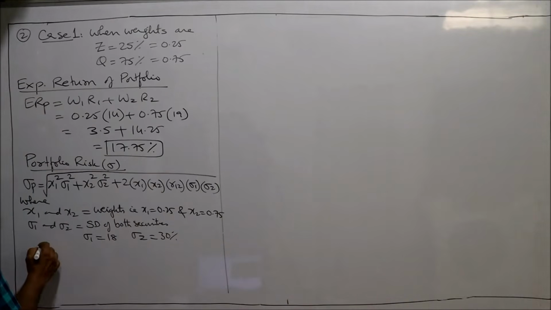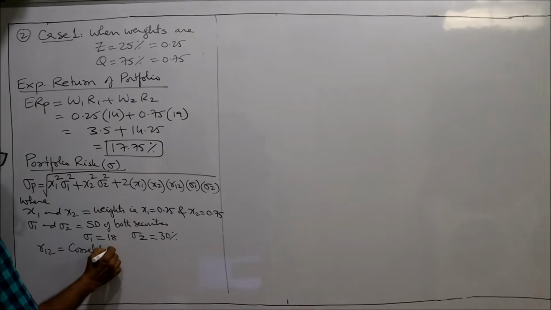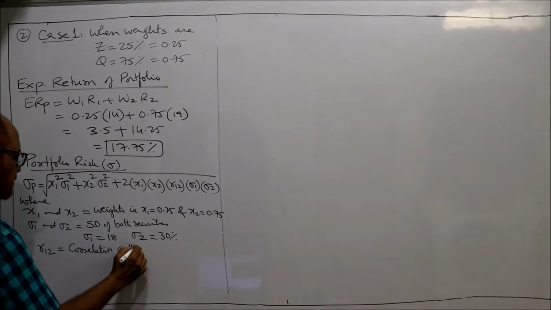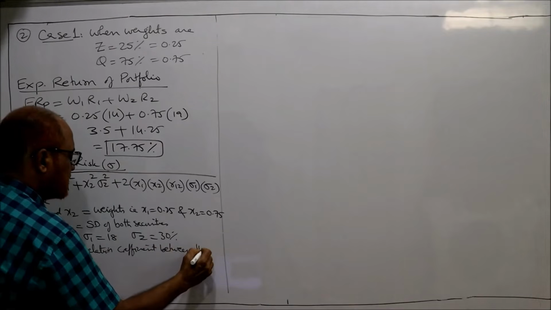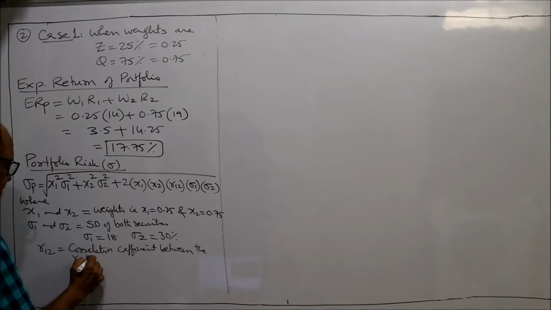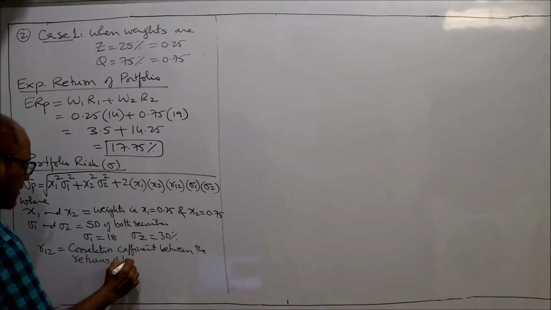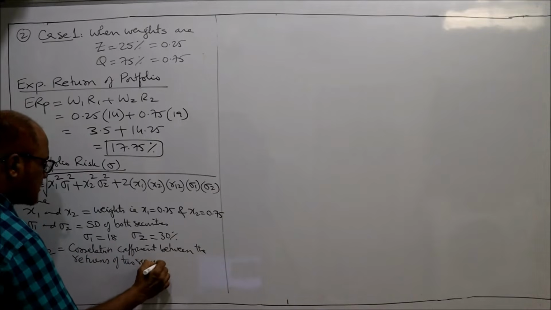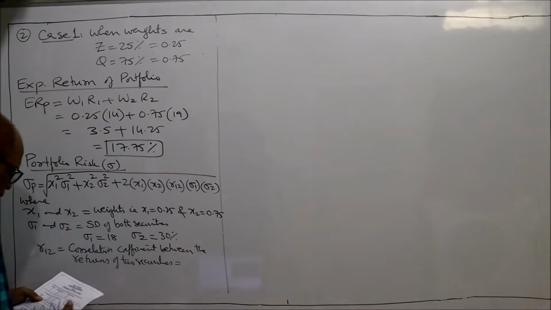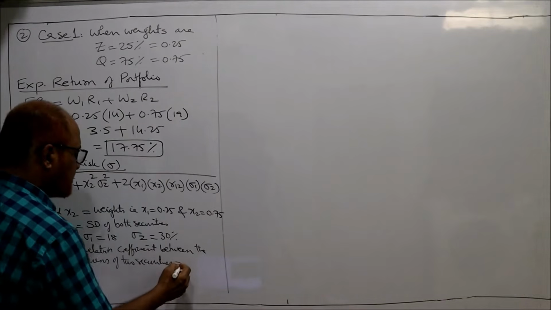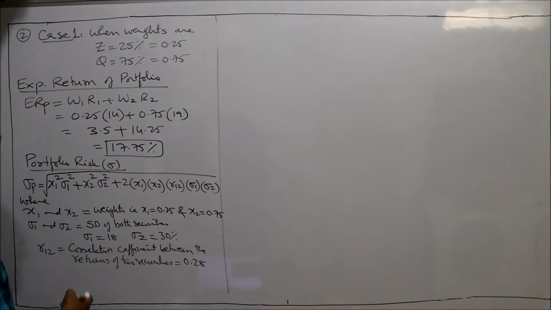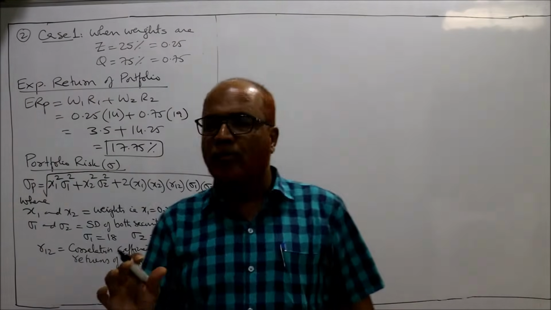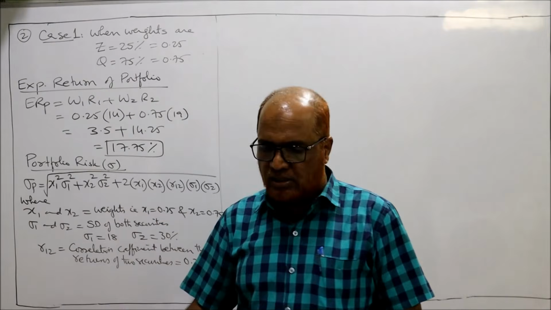Then r12 is the correlation coefficient between the returns of the two securities. The correlation coefficient is given in the problem as 0.28. That's it. This is the full form of all the terms used in the formula for sigma P.